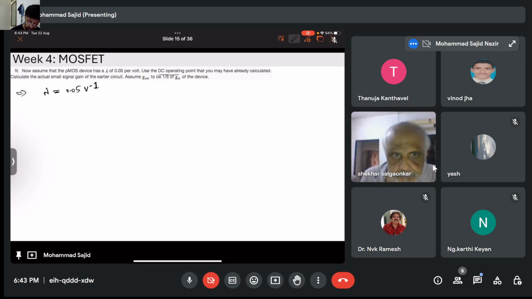It's given that we have to use the previous DC operating points and calculate the actual small signal gain of the earlier circuit. Here we have also been given GMB, which is 1 by 5 of GM. I gave you the idea of how to calculate small signal gain in the previous question.